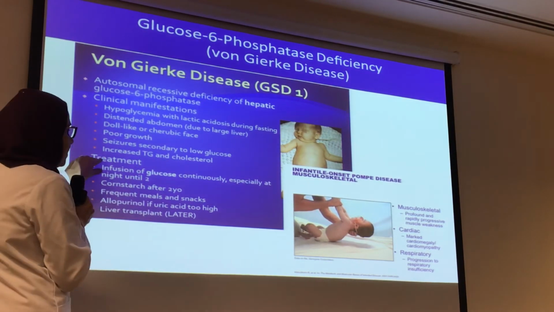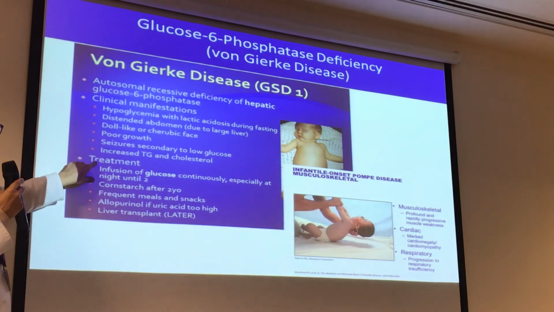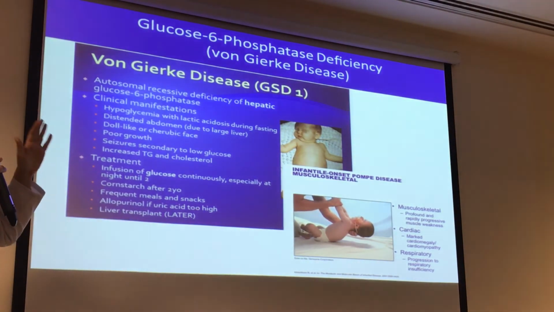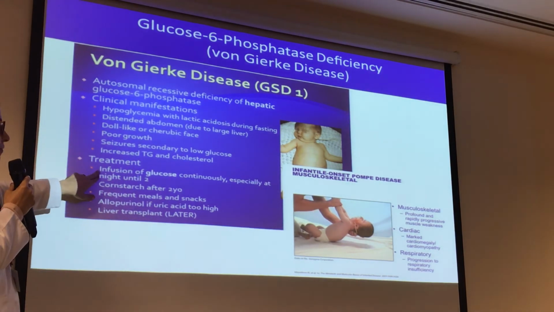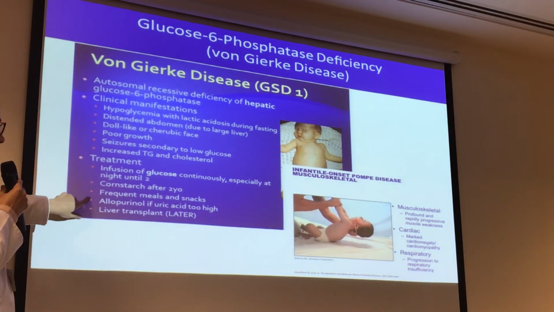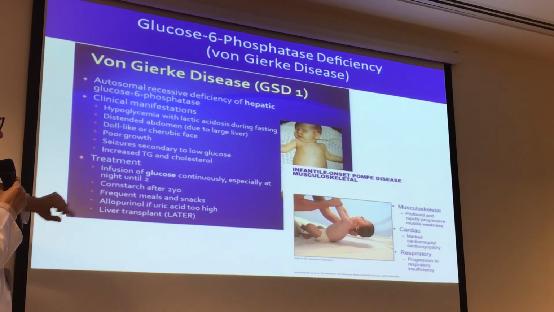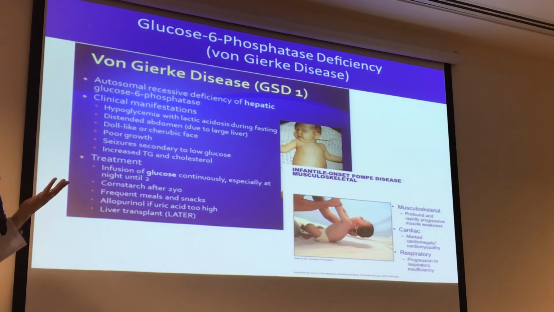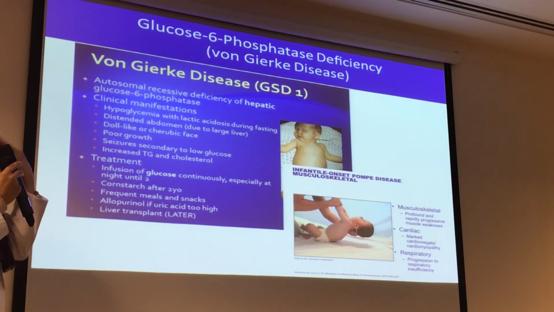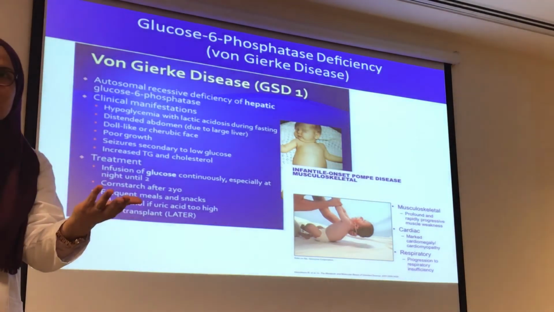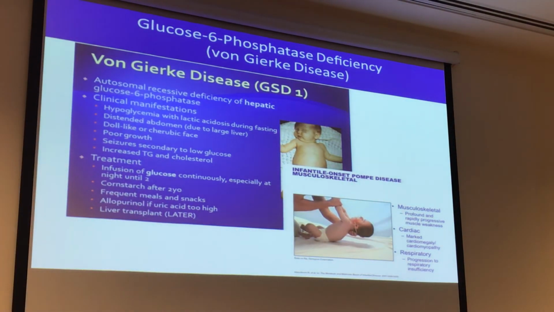So they need to be given glucose continuously, especially when they are not fed, okay? Because when they are fed, they're fine, but when they are not fed, they need to be given glucose in the night. And then when they are grown up, they need to have frequent meals and snacks, because they can't store glycogen. Or they store glycogen, but they cannot release that stored glucose. Right, so this is von Gierke.